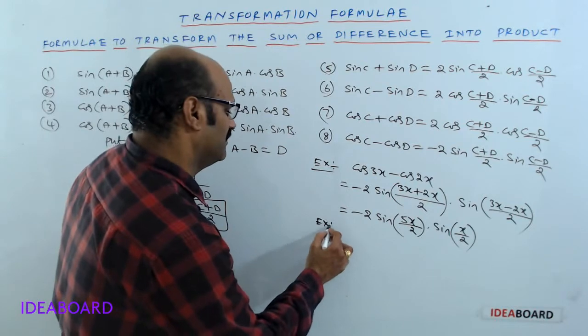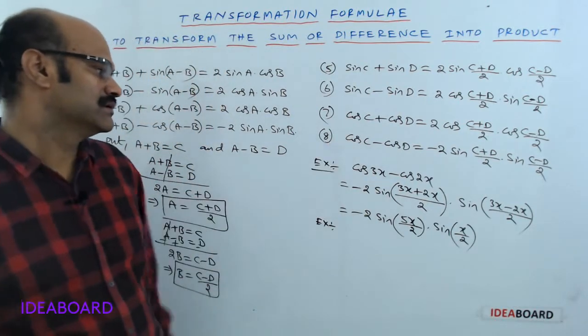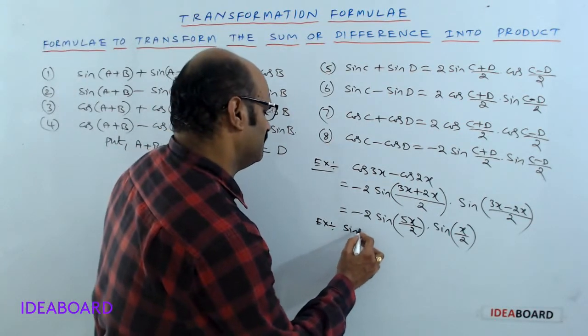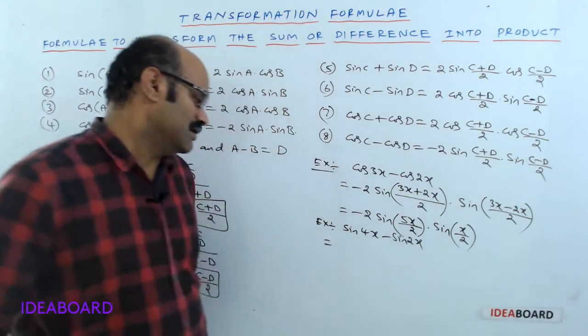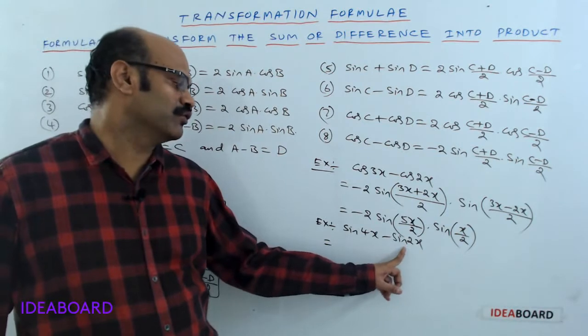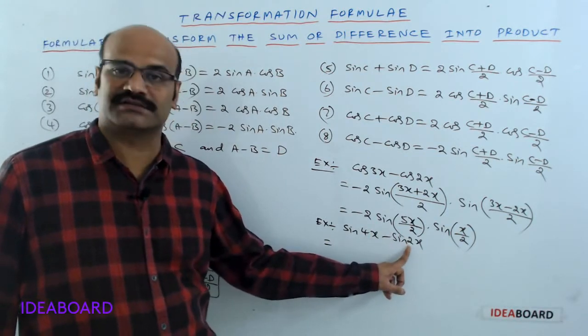Similarly, if you have sin 4x minus sin 2x, write the difference of these two into product of trigonometric functions.